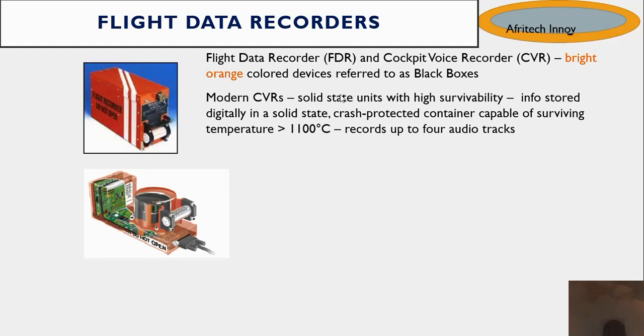By solid state I mean semiconductor devices. They don't have moving parts, with high survivability. The information is stored digitally in a solid state. A crash protected container capable of surviving temperatures greater than 1100 degrees Celsius records up to 4 audio tracks.